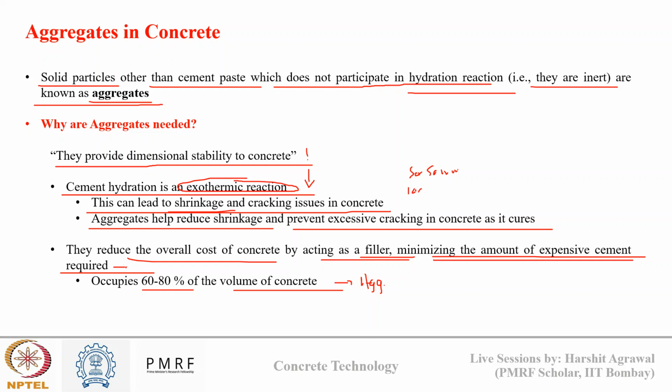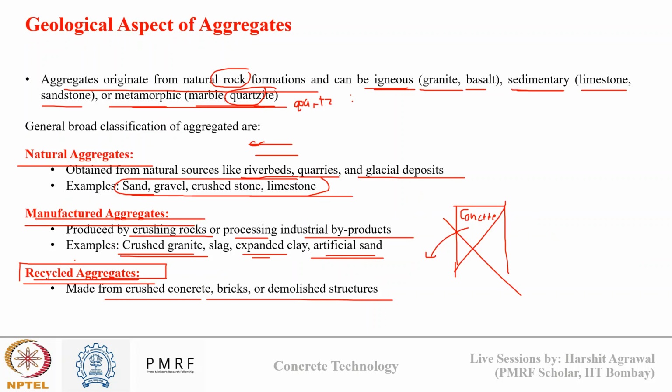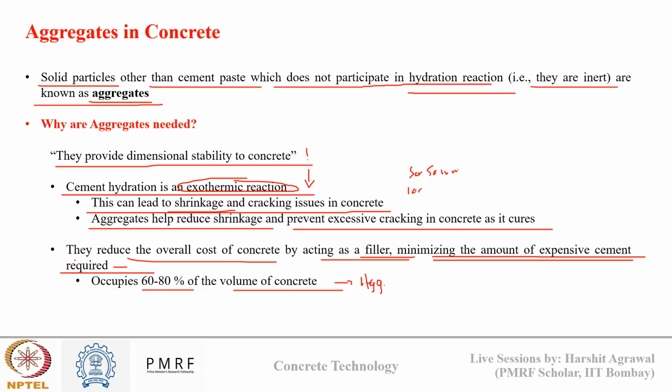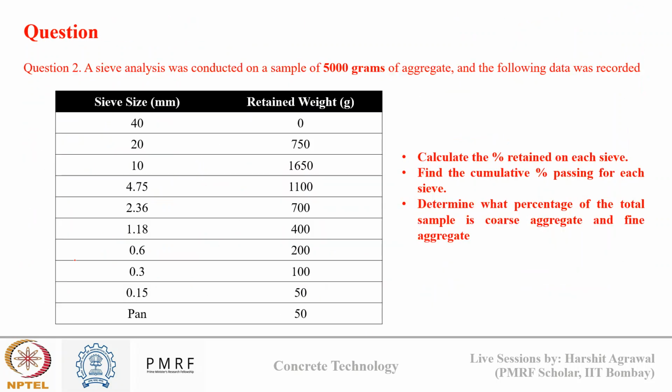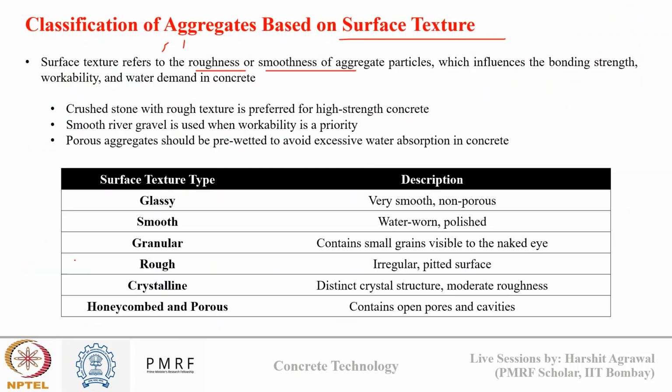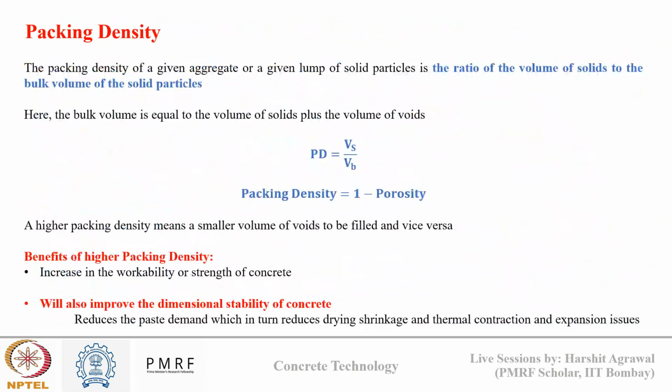Now if aggregates are acting as a filler, the better the packing between aggregates, the lower will be the cement demand in the concrete. So that is why packing density comes into the picture.